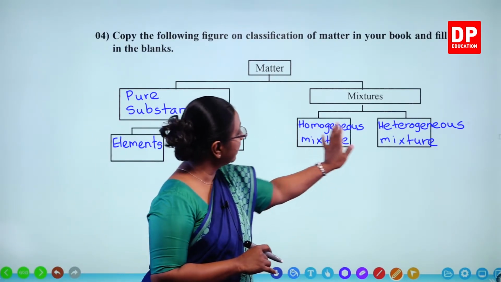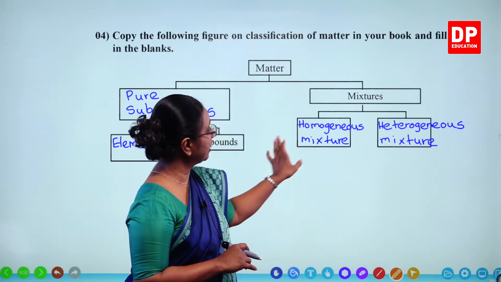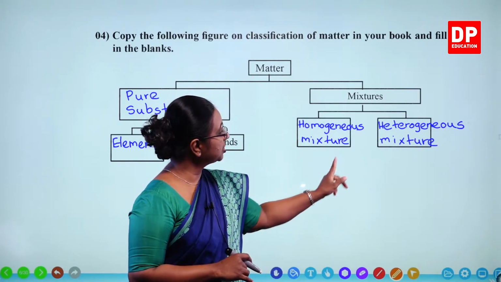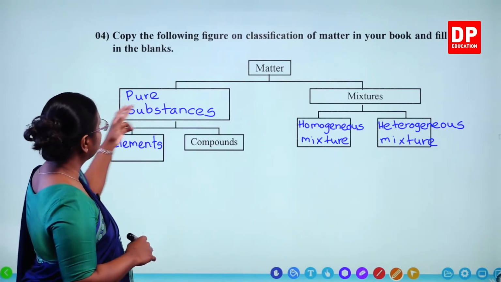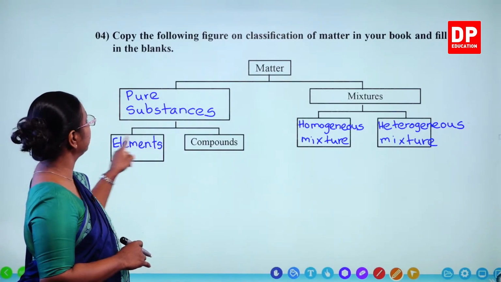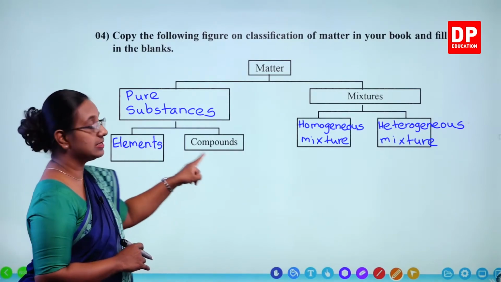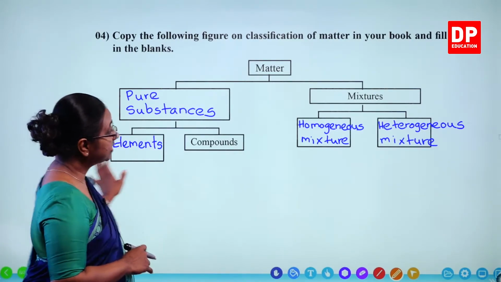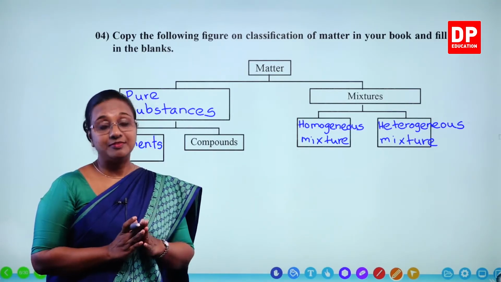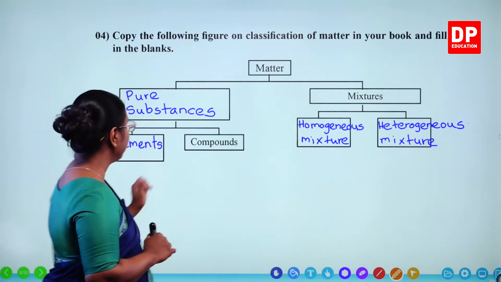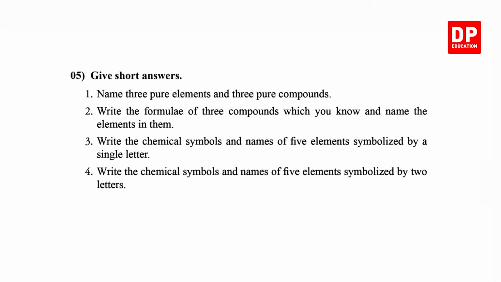But here, I have written it out of the box also, but you all know homogeneous mixture and heterogeneous mixture. That is under mixtures. And under matter, the other one is the pure substance, under that elements and compound. So, this is the basis of this particular chapter. So, you all know that very well. With that, I will move on to the next question.